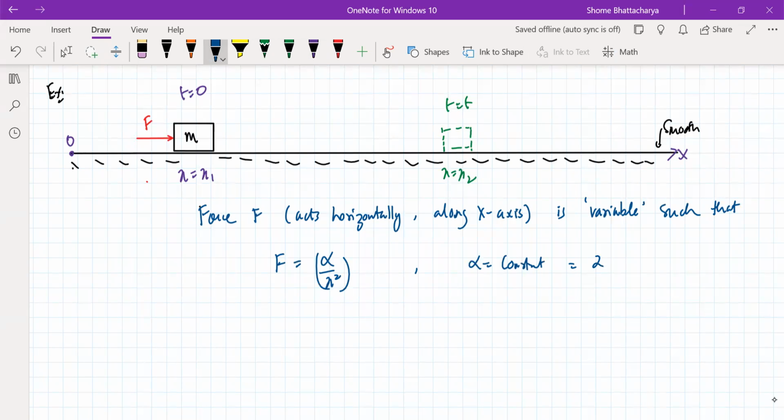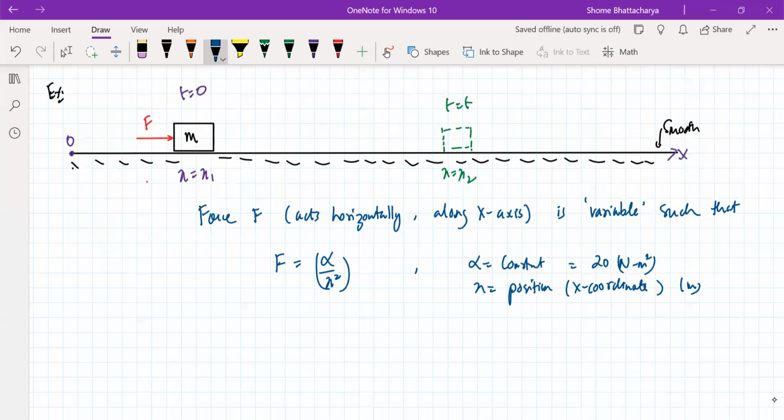Let's take some value. It is 20 Newton meters square, and x is the position, or x coordinate, in meters. We can see that this is a variable force now.